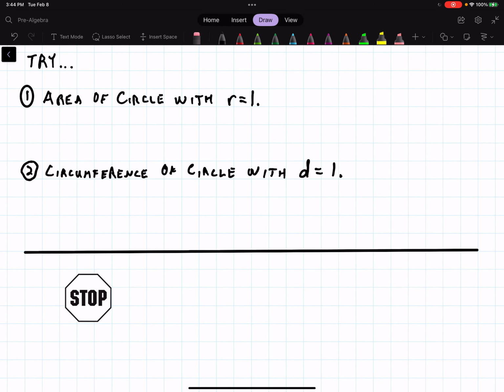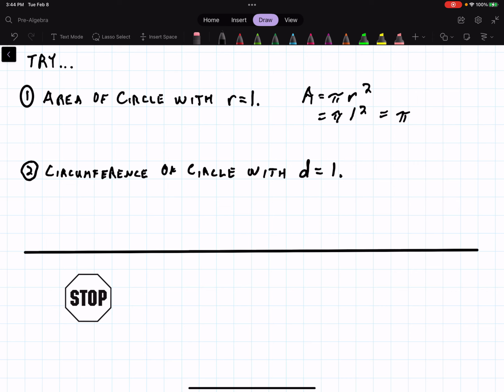So let's try this. Area of a circle. Well, what's the formula for area of a circle? Pi r squared. They tell us that r is 1, so pi times 1 squared. That's just 1 squared is just 1. 1 times pi is pi.